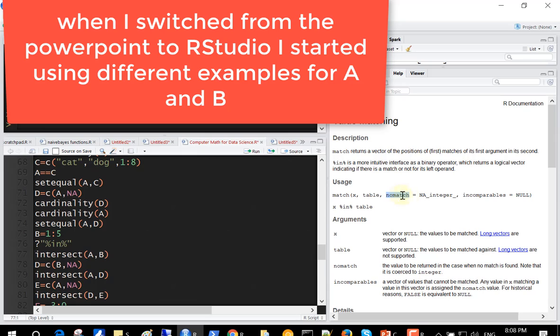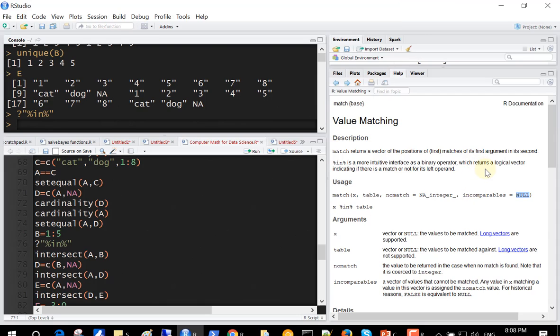So there's something called no match, which has a default value of this, and there's another parameter which has a default value of that. You could change the default values if you want, but you don't have to. So if you wanted to run this function match in the same way that we're using it, all you'd have to do is specify B here and A here, and just close the parentheses. It would assume these values already, which should work. And you could just run it.